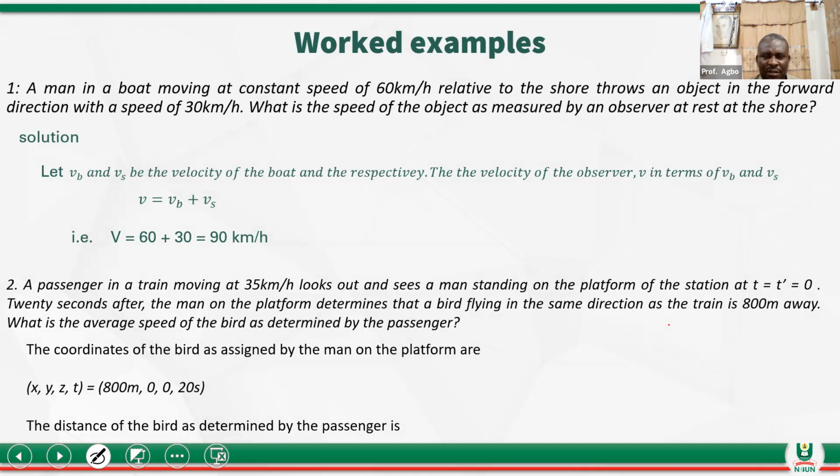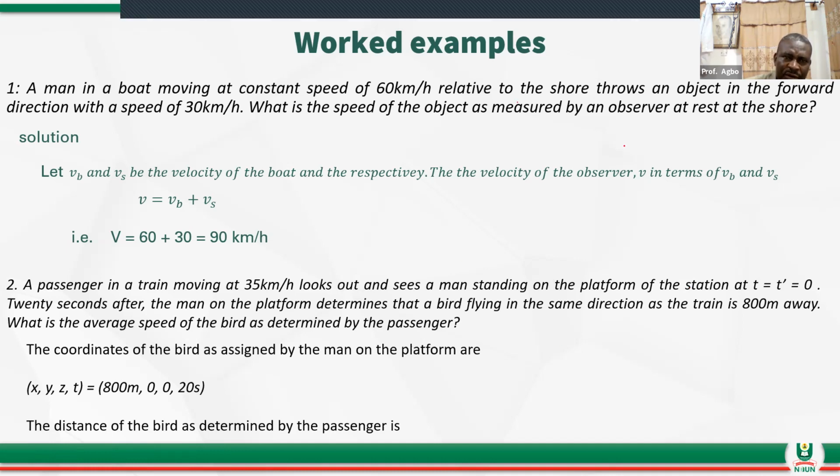We now take some examples because one of the objectives is that we have to take some worked examples and see how those things are being applied to our problems. So in this case here we have, I don't know why this thing is hiding.